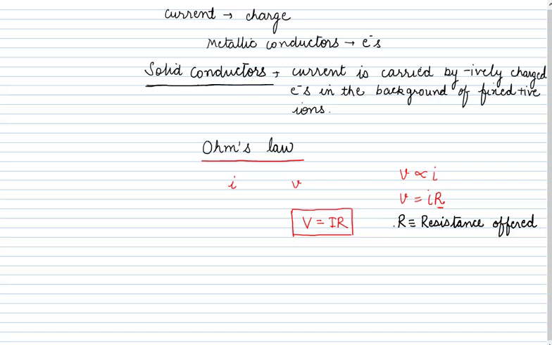R is a constant which we call resistance, and the unit of this resistance is ohm, and this is the symbol we use for ohm. So whenever you are representing any resistance, use the symbol R, and the unit is ohm. Resistance is always measured in ohm.